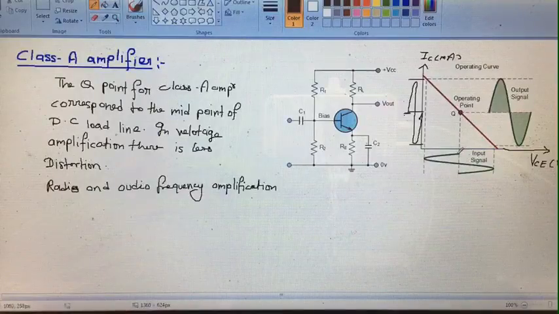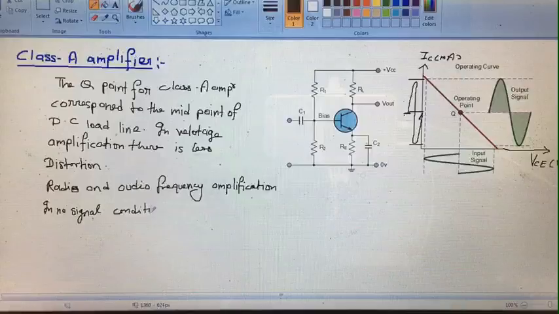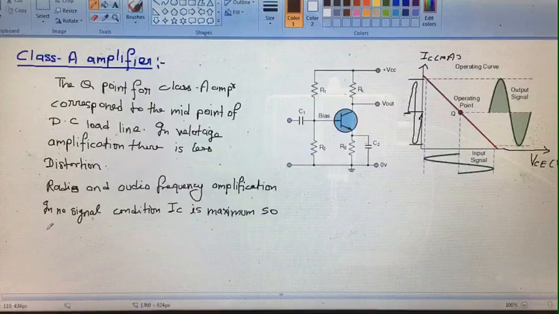In the case of no input signal, IC is high. In no signal condition, the collector current IC is maximum.